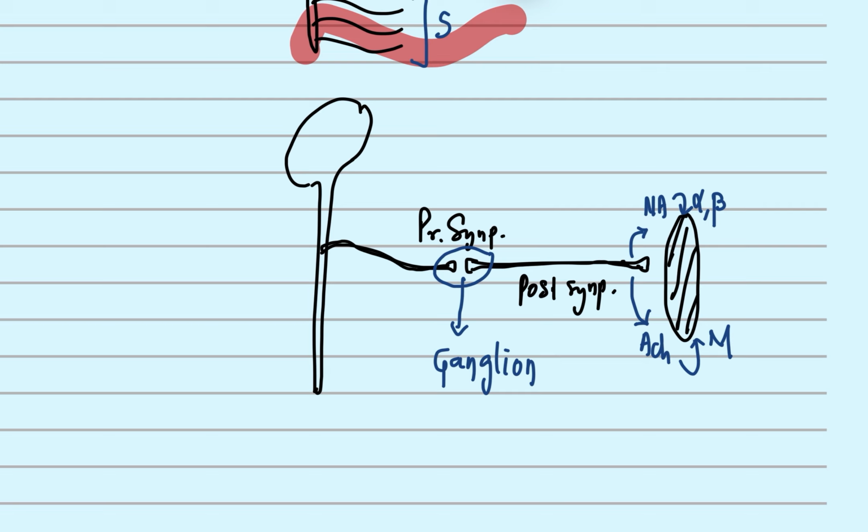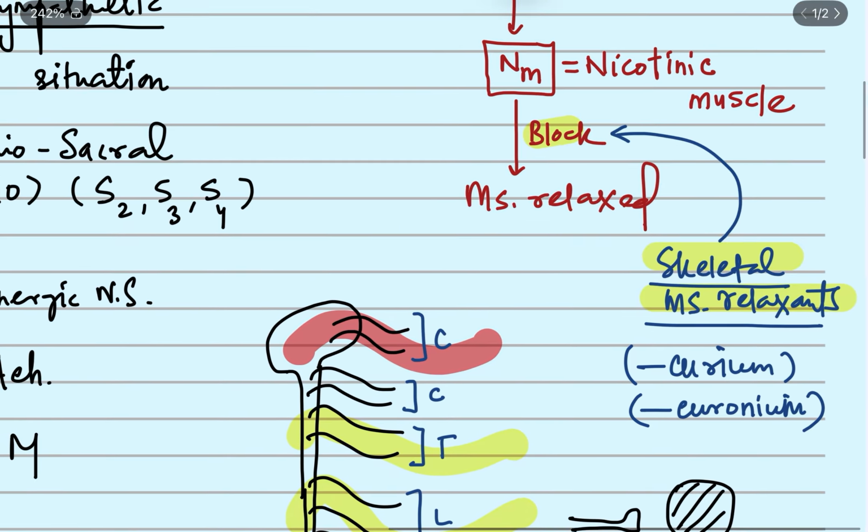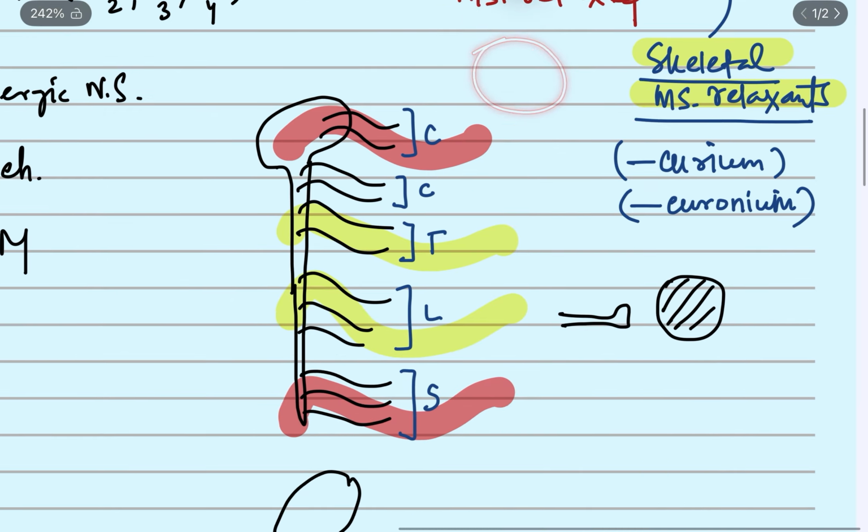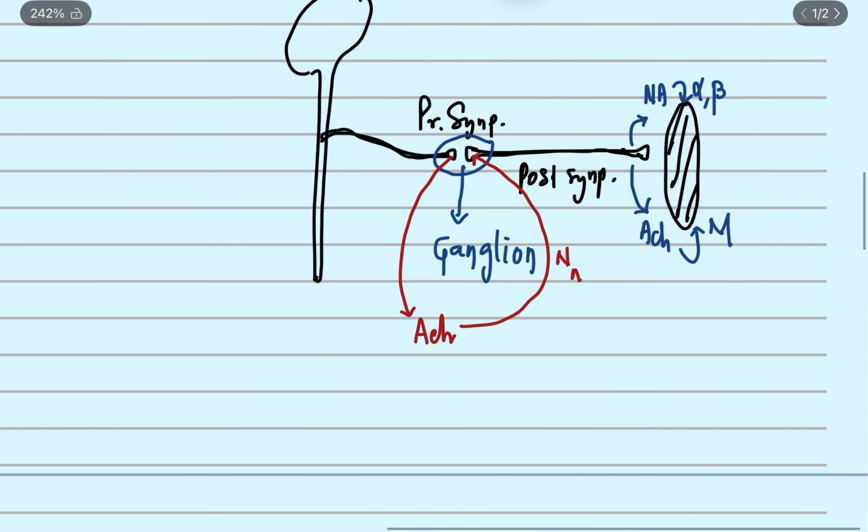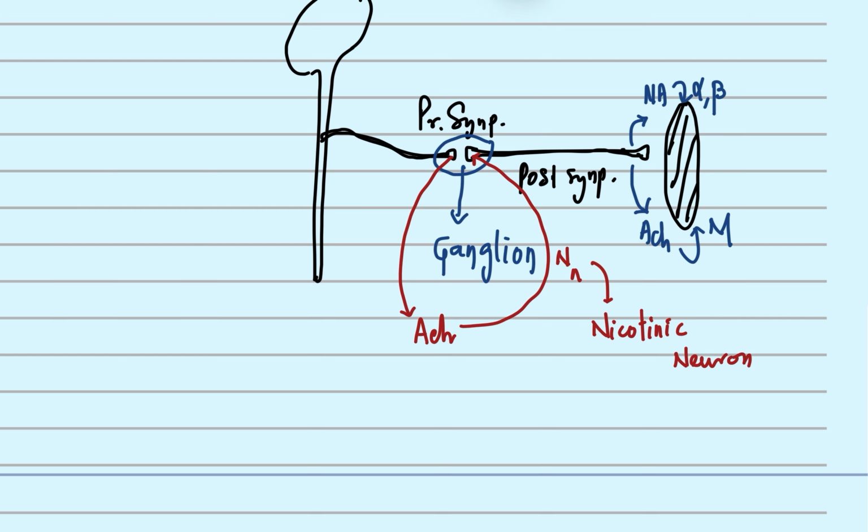Remember, here the neurotransmitter always is acetylcholine, and the receptor it will work upon is the N receptor. Here we have learnt about the NM receptor. Here I am talking about the N receptor, whose full form is nicotinic neuronal. There is nicotinic muscle type.